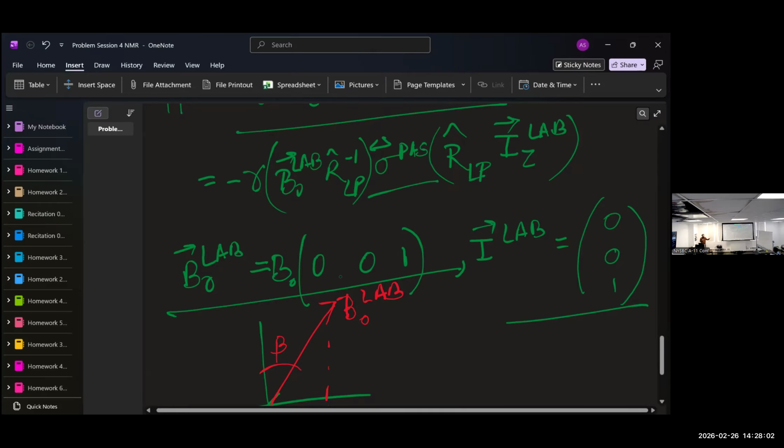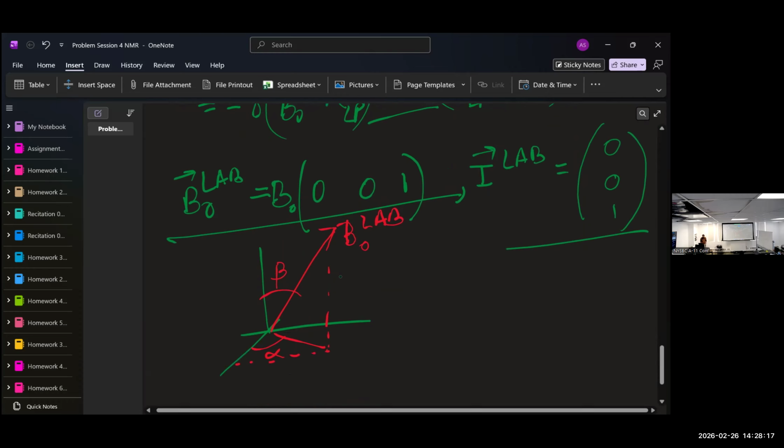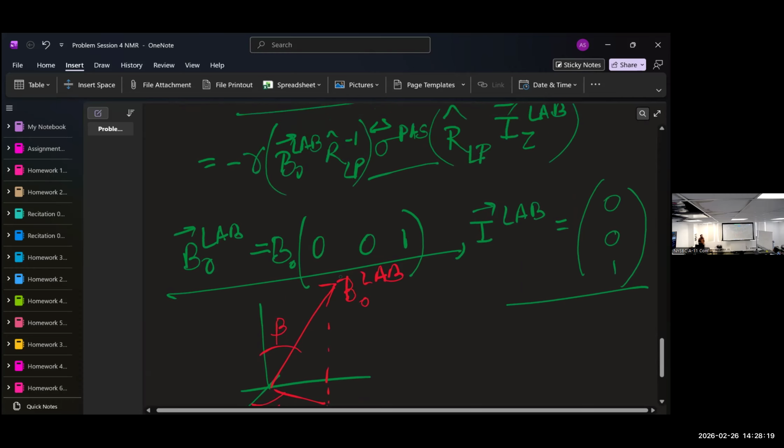I explicitly ignore the induced field and the required frequency term that arises from induced field along X and Y, because I believe that Z is so strong that the small induced field along X and Y is irrelevant. This is truncation. And now all I have to do is rotate these two vectors, and they are essentially identical vectors, right? B naught is along Z, and Iz is also along Z.